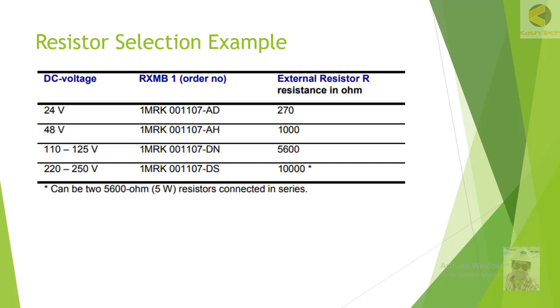or the ordering code for the relay, or the selection of the relay with the resistor is not correct. That will result in maloperation. The breaker will trip automatically and the command will not be issued from the relay. Such faults are very difficult to troubleshoot.